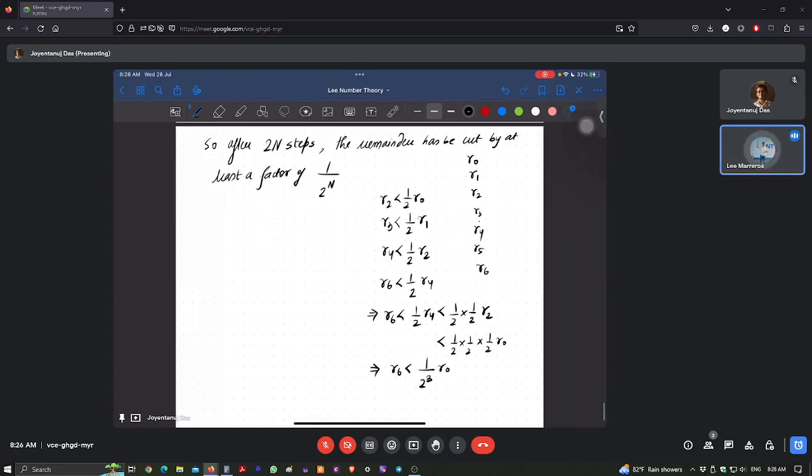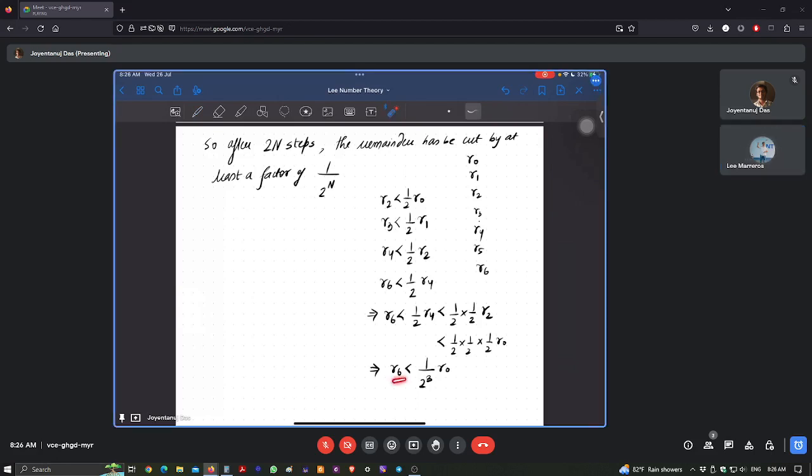Oh, okay, I see. So if it is 2n, the number of terms is 2n and the power will be n, so it is less than a factor of 1 by 2 power n.